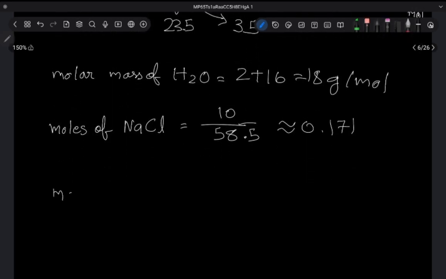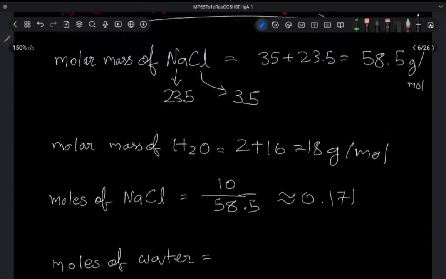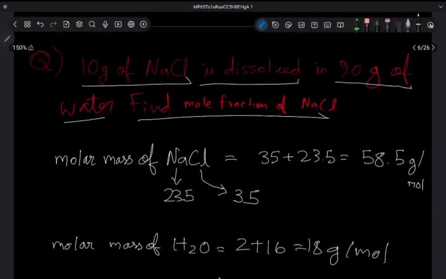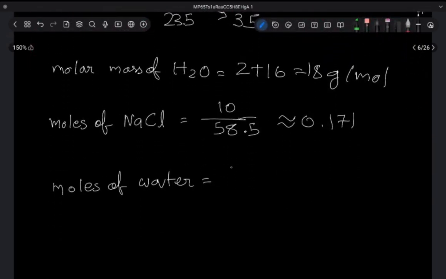And now we have to find moles of water, which is actual mass given, 90 gram divided by molar mass, which is 18 gram, and moles of water is 5.